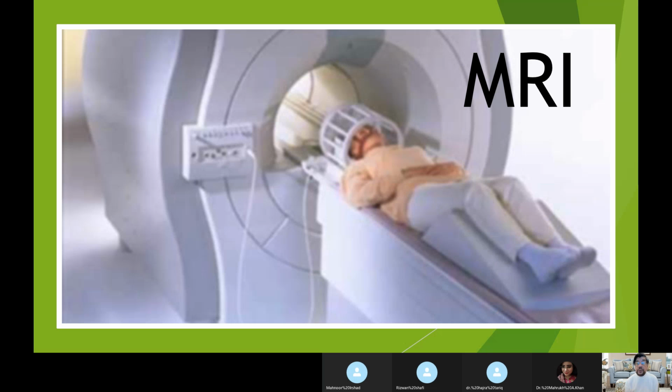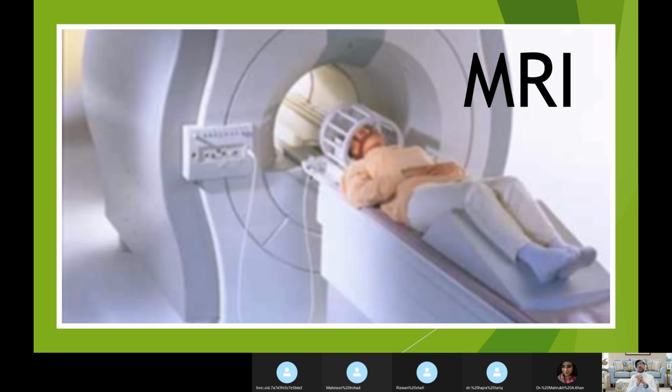Okay, going forward, MRI. Now this is important. MRI machines are again just same as the CT machines, but a little bit different. Previously, MRI machines were closed just like this, and the person was supposed to go into a tunnel-like situation.